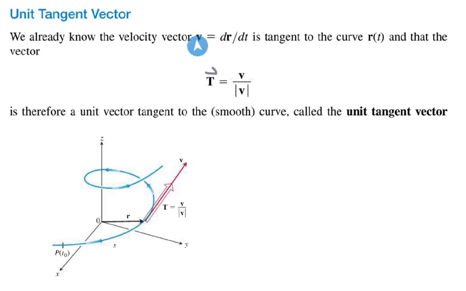So since the vector for velocity is tangent to the curve, this unit vector, which also has the same direction, it's just 1 unit long, is also tangent to our smooth curve C at some point R. So remember that position vector R extends from the origin to a point on the curve, and then V is this longer red line. That's my tangent vector, the derivative of R, and the derivative of R is velocity.